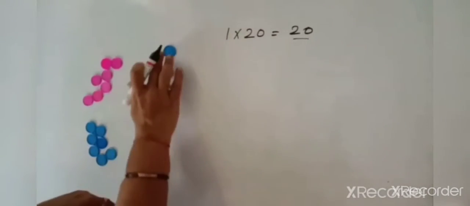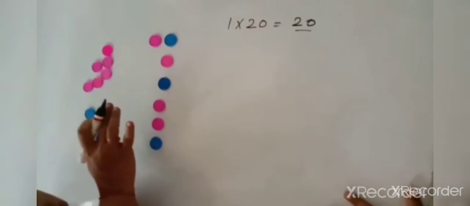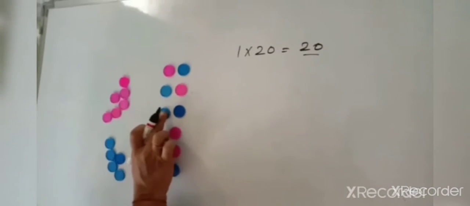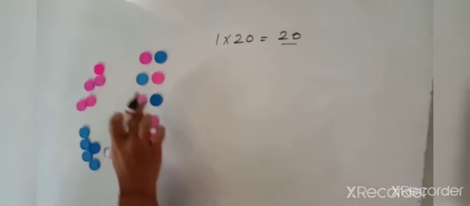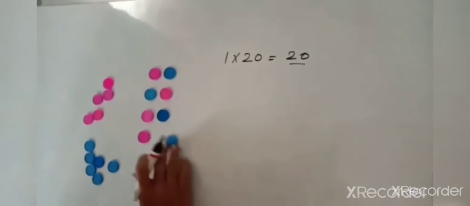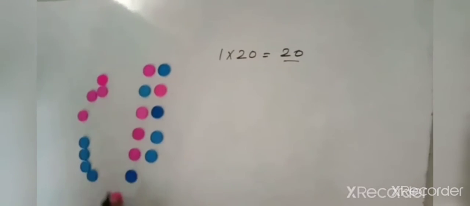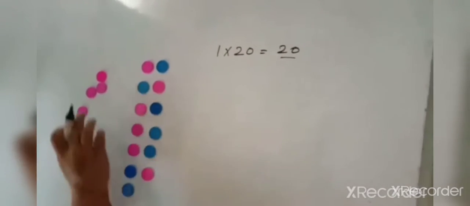Now the same coins, if I arrange two coins in each row, how many rows will I be getting? I'll be getting 10 rows.